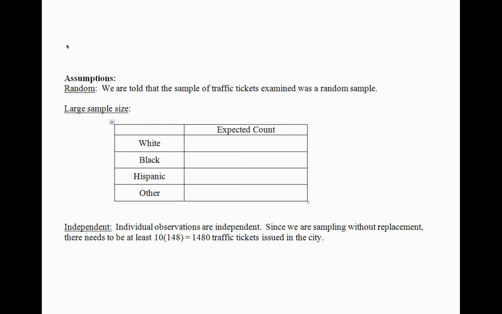We're expecting that most of the traffic tickets would be issued to white residents because most of the city is white. So our expected count here would be 0.55 times 148, or 81.4. That's because we expect that 55% of the tickets would go to white drivers. There were 148 tickets issued, so we expect 81.4 traffic tickets issued to white drivers.